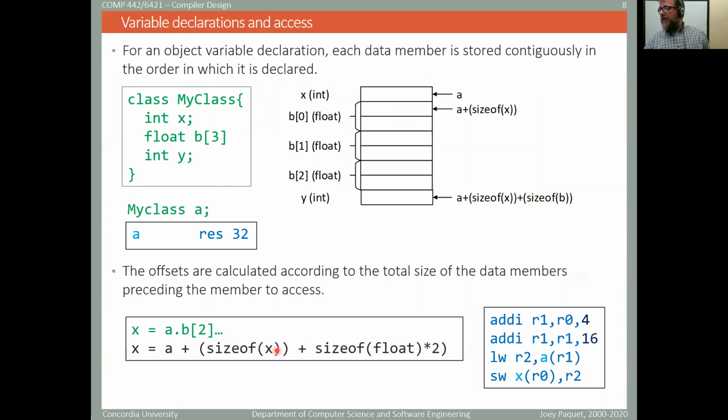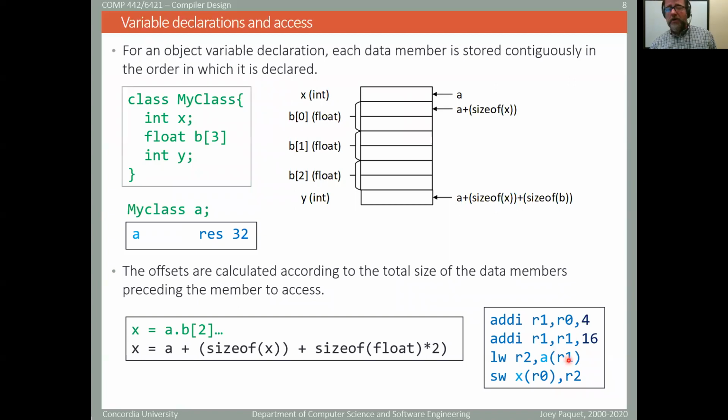So essentially, if I want to refer to a.b2, then I should refer to a with this offset here. So essentially, I need to generate code that will compute this offset. And then eventually, you see here, I make this computation, and then I put the result into R1.